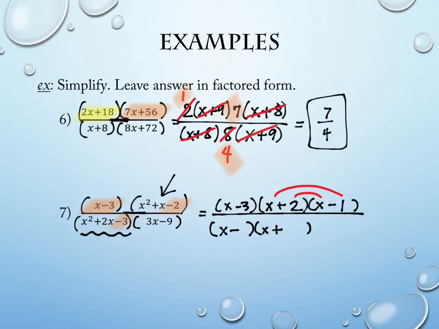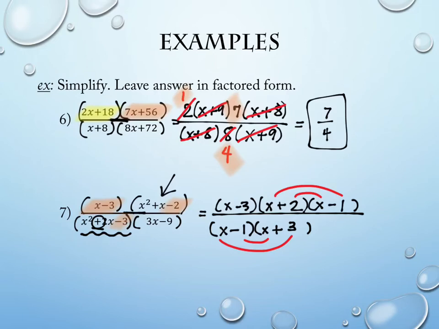So I need numbers that multiply to 3 and add to 2. 3 and 1. Which one should be positive, the 3 or the 1? Actually, the 3 should be positive because I want a positive 2 coming out of it. So on the inside, I have negative 1. On the outside, I have positive 3. That will give me a positive 2 coming out of it.